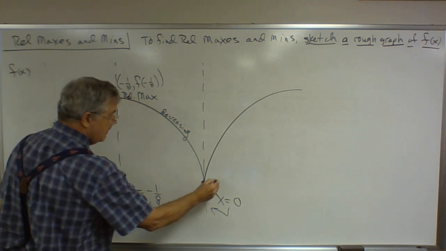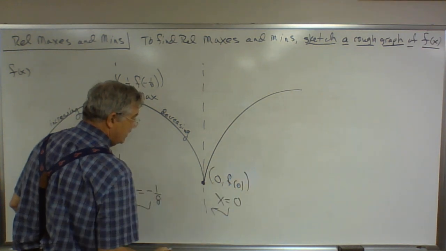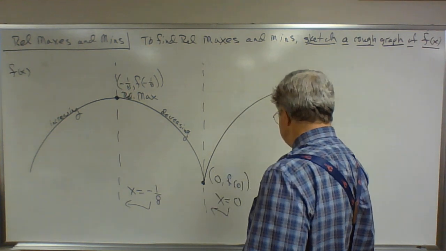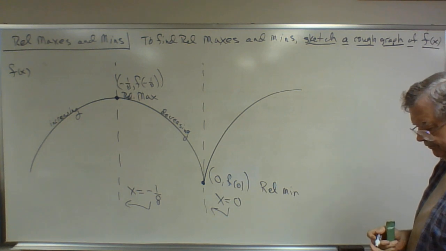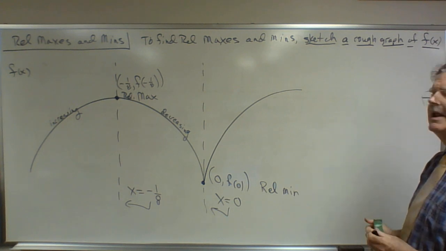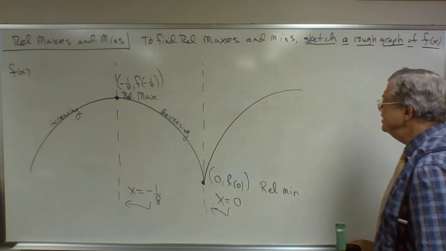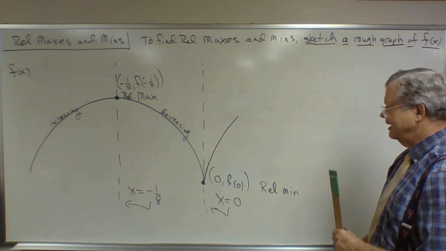This is 0, f of 0. Relative min. Okay, now let's see if I can actually compute what these are. This is probably not going to be a problem.